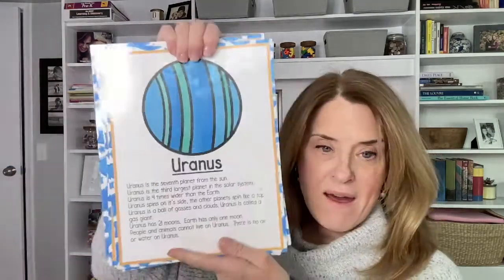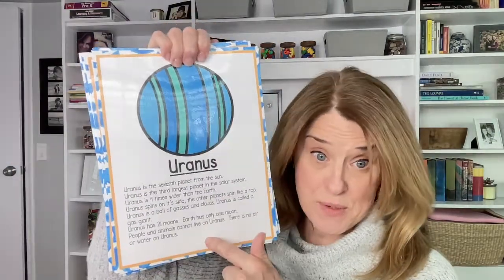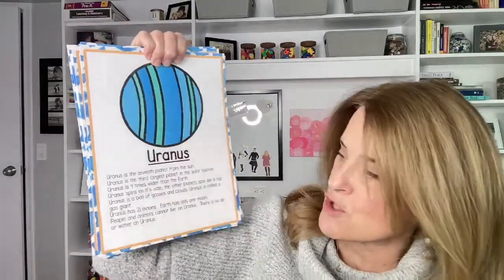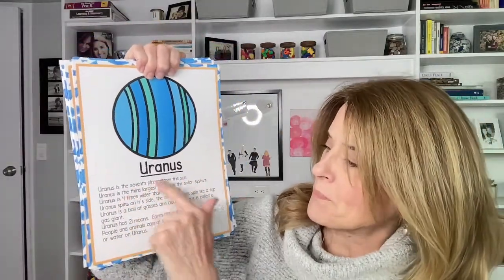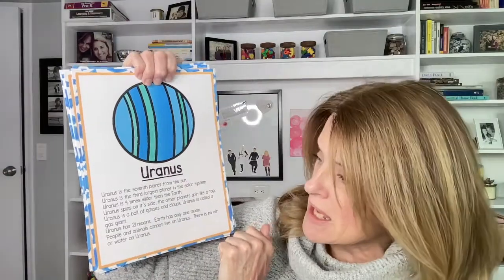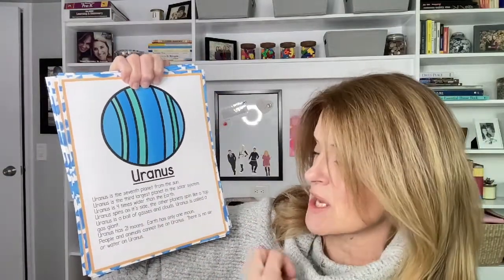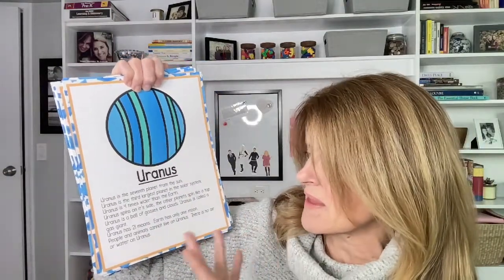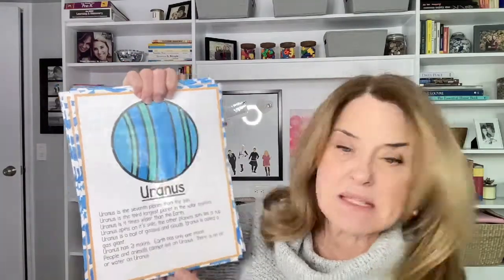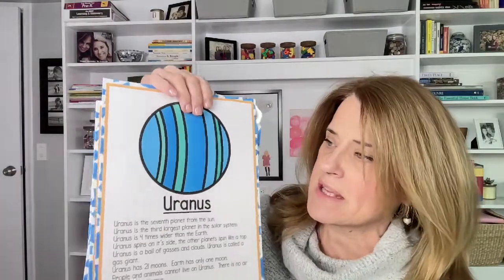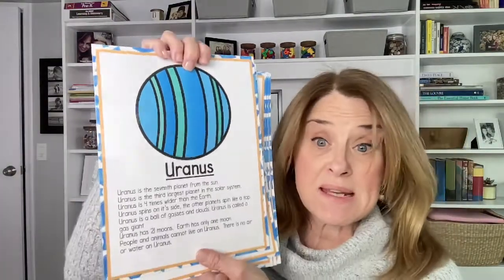But as an awesome teaching tool, I have planet fact posters. So each poster says which number planet they are from the sun, their size relative to Earth, anything that's interesting about them, like Uranus has 21 moons and it spins on its side, things like that the kids would be really interested in, that it's a gas giant.